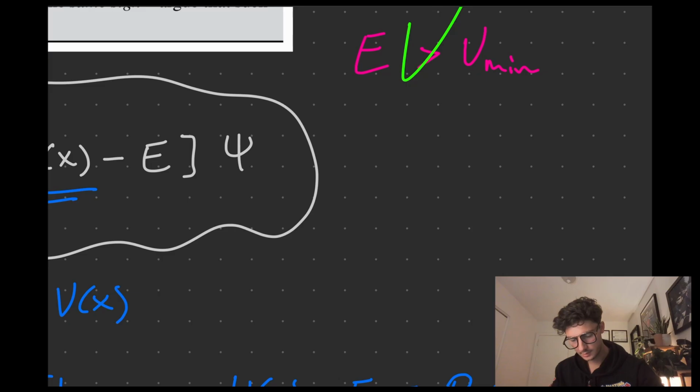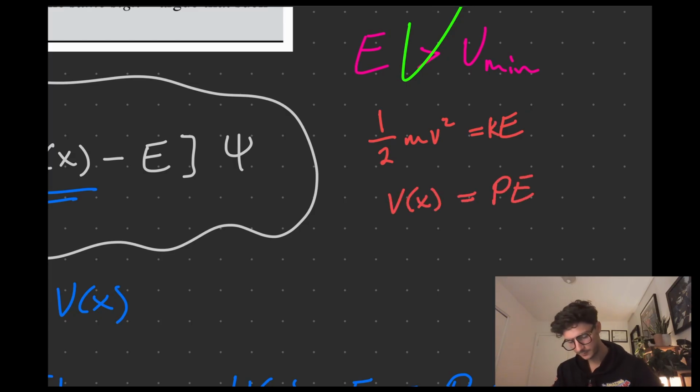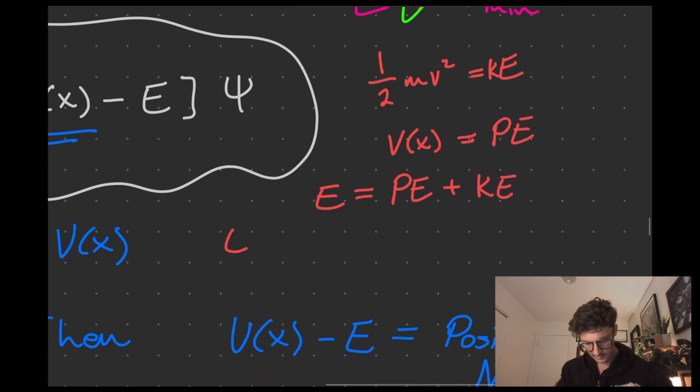In classical mechanics, I remember 1/2 mv squared is equal to the kinetic energy, right? And then V of x is the potential energy. And then the total energy is equal to the potential energy plus the kinetic energy. If E is less than the potential energy, what does this mean?